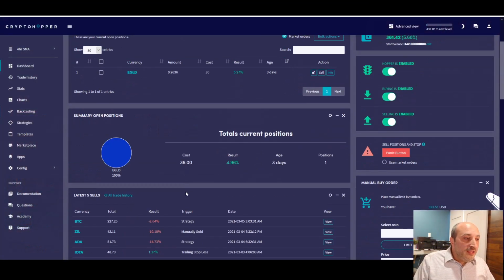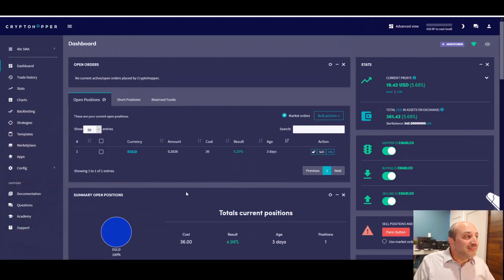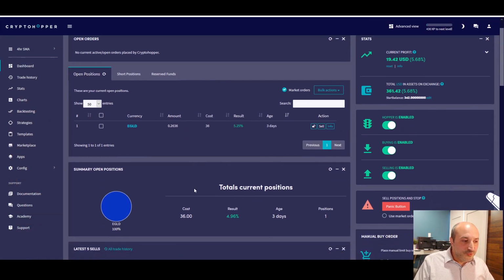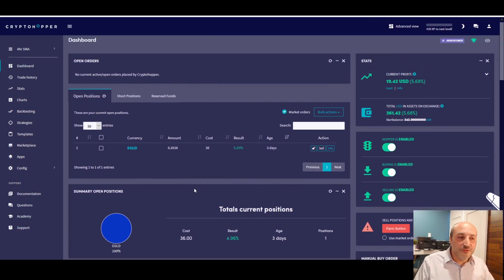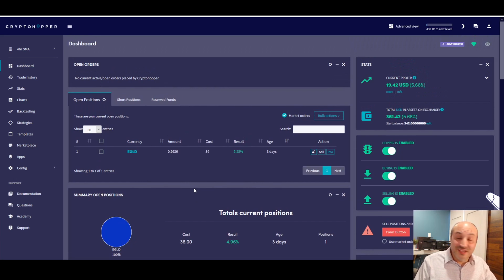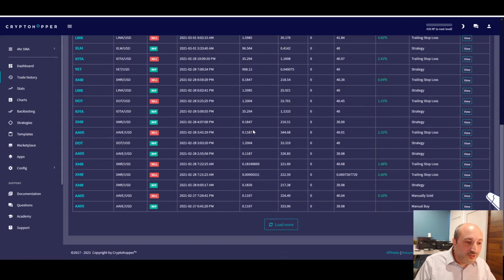So right now, like I said, I'm currently testing a different configuration. For the last few days the numbers changed a little bit, but my history is still there. So I will show you all my trade history so you can see. I started with the new exchange. That's the furthest I can go down, on the 27th of February.